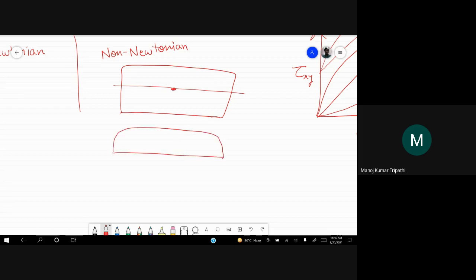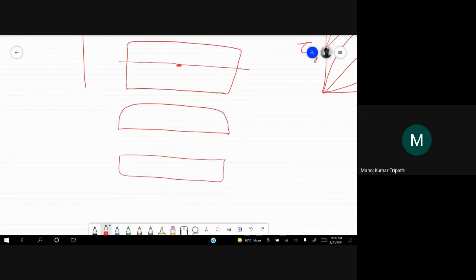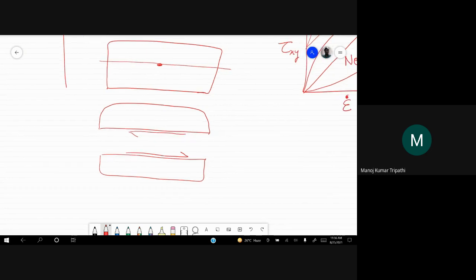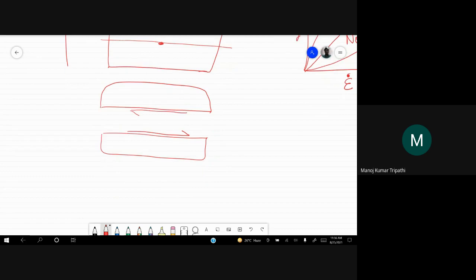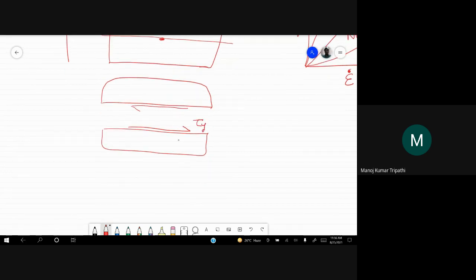Now we break this into two, the top layer and the bottom layer. Now the top layer is applying a force on the bottom layer in this direction. The bottom layer is applying a force on the top layer opposite to it, equal and opposite, right? Now you have this as tau yx, that is also tau yx, but in the opposite direction.